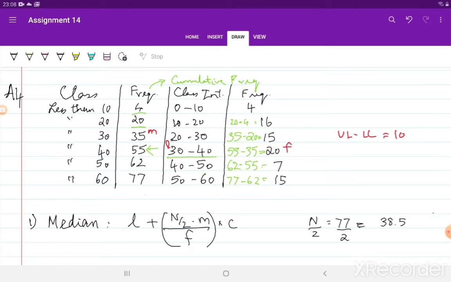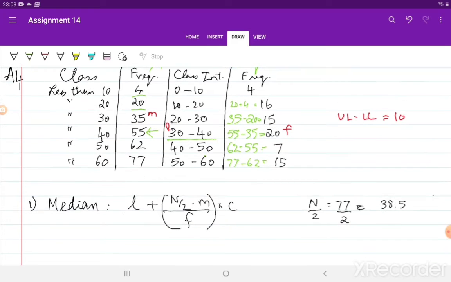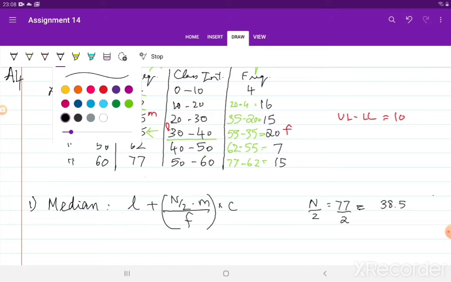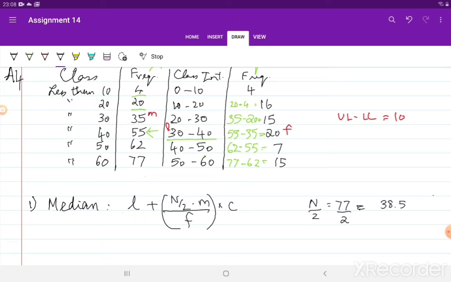Plugging all these values into this formula, I can write it as 30 plus 38.5. Once again, in some statistics books, they do round it off to 39, and some continue to work with the decimal place.